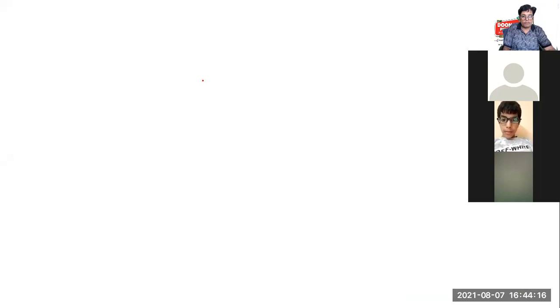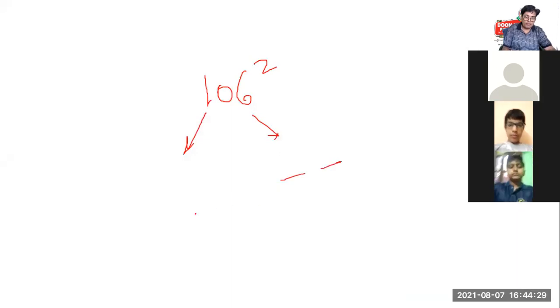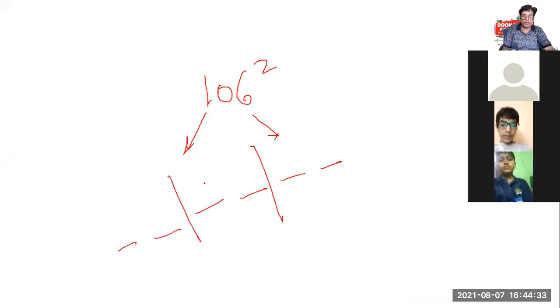Now, one more time. 106 square. This will be in 2 digits. Middle will be 2 digits. And left side will be 2 digits. 6 square is 36. 1 square is 0, 1.